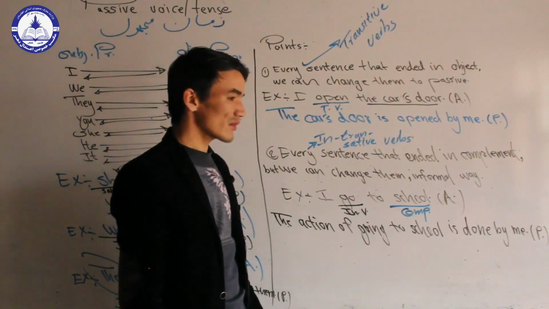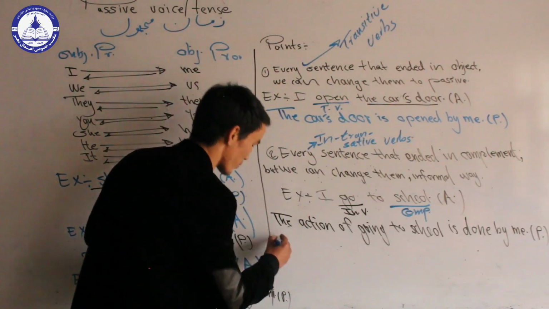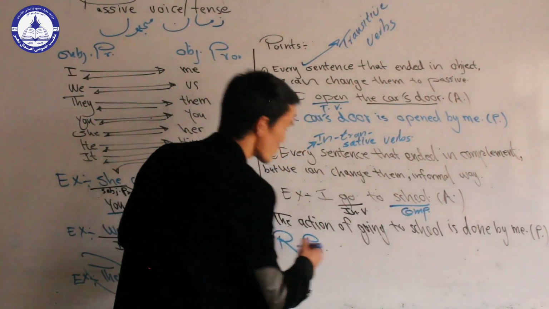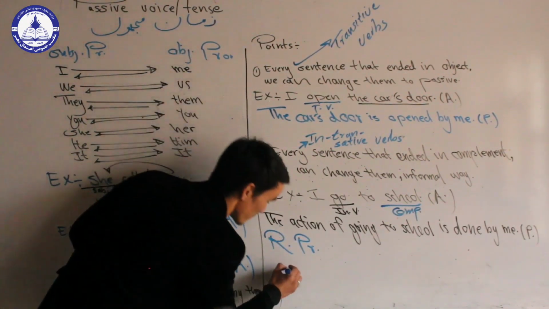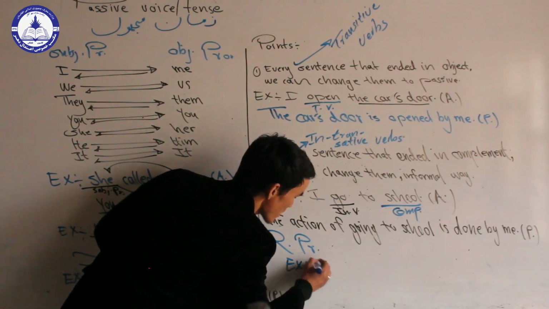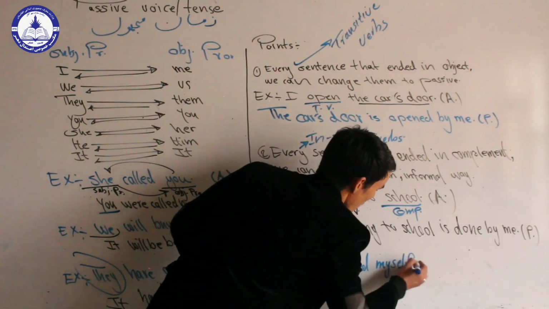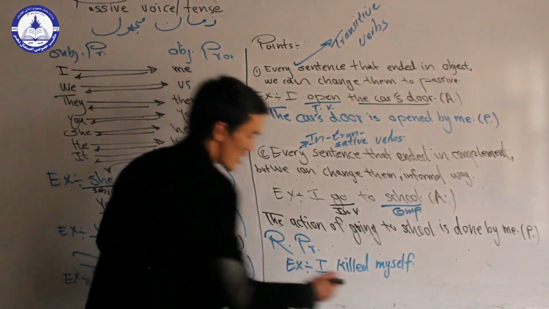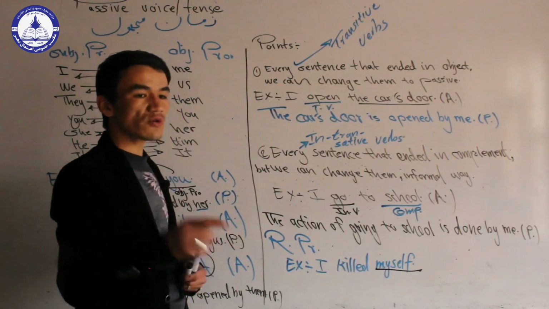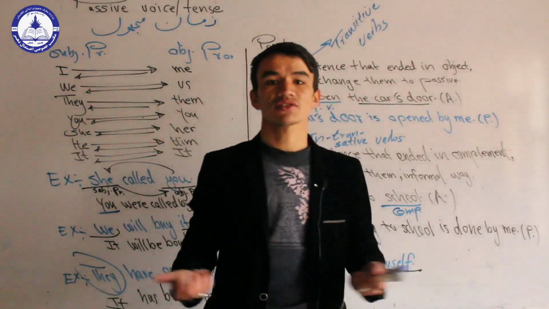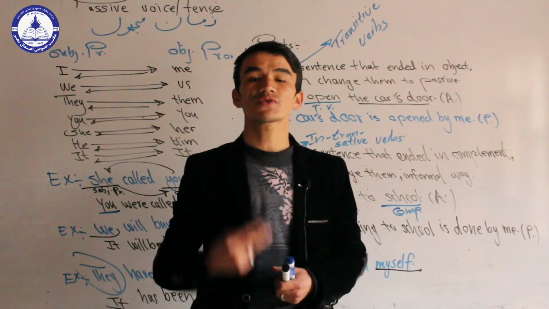Okay guys, one thing that you should remember is reflexive pronouns. So what is a reflexive pronoun? Reflexive pronouns you study in parts of speech. So if we have an example like, for example, I called myself. How can we change this sentence? "Myself" is the object, the reflexive pronoun. According to the rules of changing active to passive, we can't change it. Why? Because the doer and the receiver are the same person. In this case, we have two informal ways.